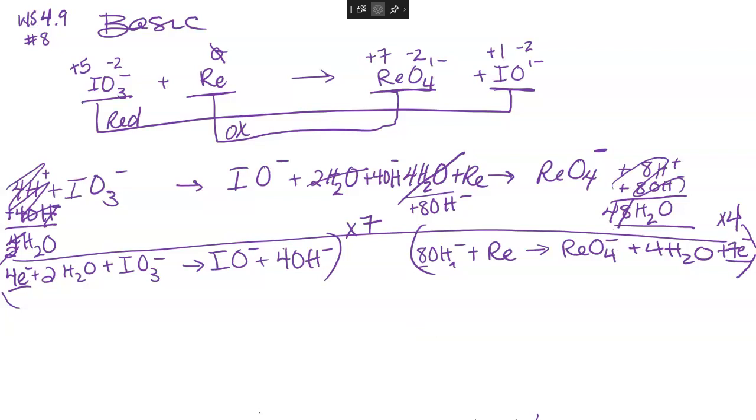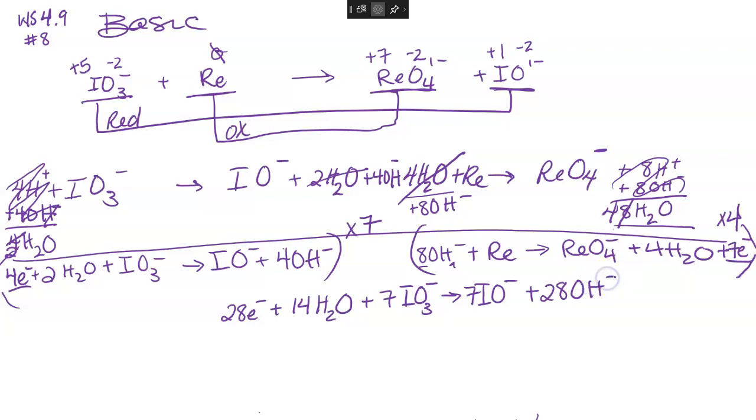Okay, so I'm going to do the left one first, and I'm going to stack them. So 7 times 4 is 28 electrons, plus 14 water, plus 7 IO3 minus yields 7 IO minus plus 28 hydroxide.